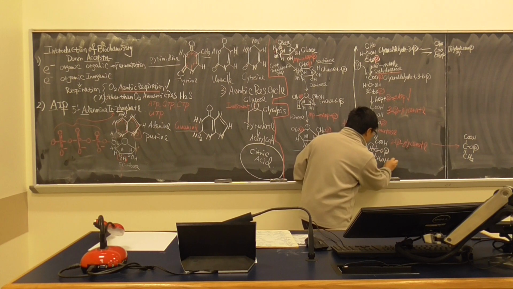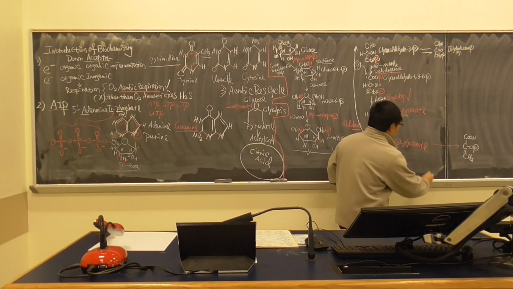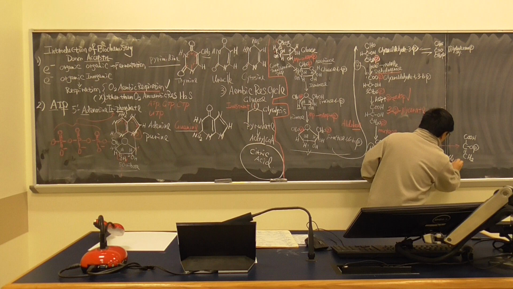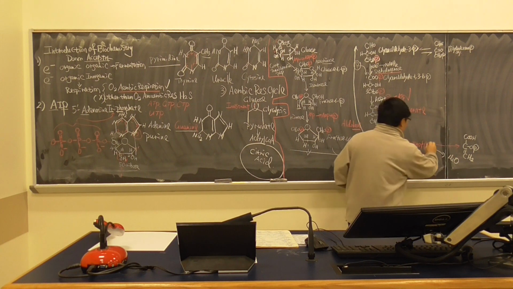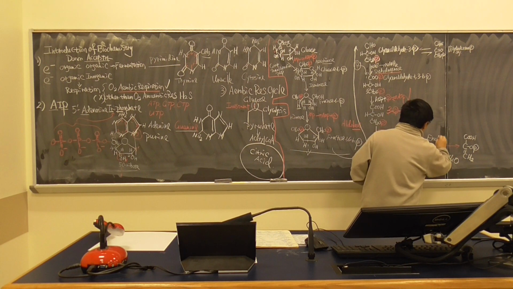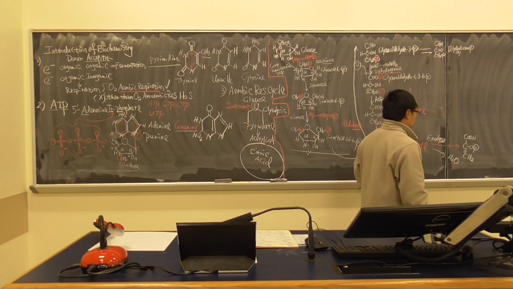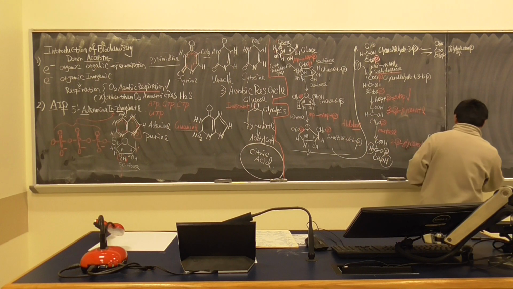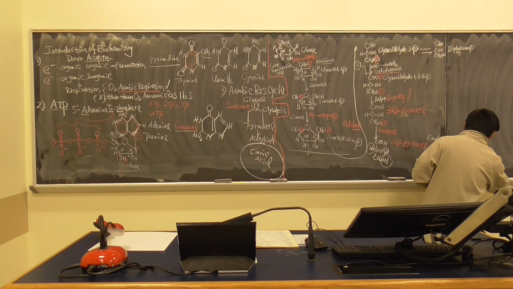This water will be gone. You're going to lose one water. What is it called? Enolase. That's called enolization. That's why this is called phosphoenolpyruvate.